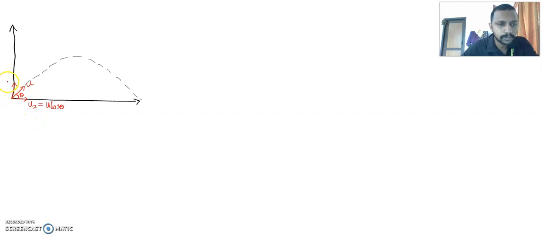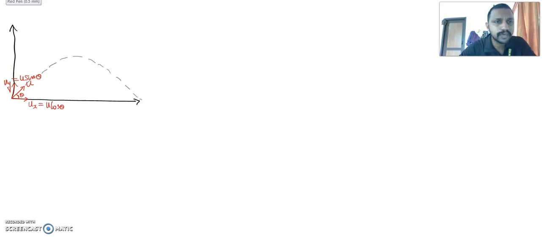This is our uy component and we know it is u sin theta. Therefore, the initial velocity is resolved into two components like this. One is ux, which is called the horizontal component of velocity, and uy is the vertical component of velocity.